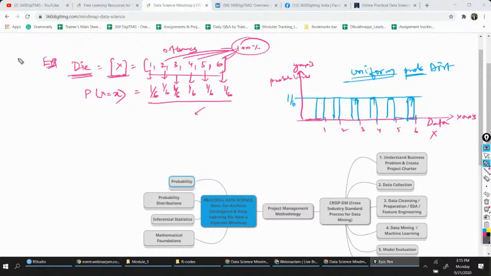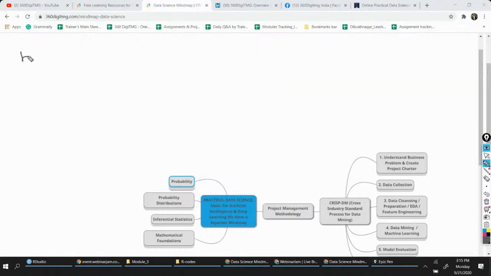Let's talk about the second example. Okay, this is example 1. Let me erase this, and I will now talk about example 2. Let's take data on the x-axis. Okay, this is your x-axis, and here you are taking the data as heights of adults.